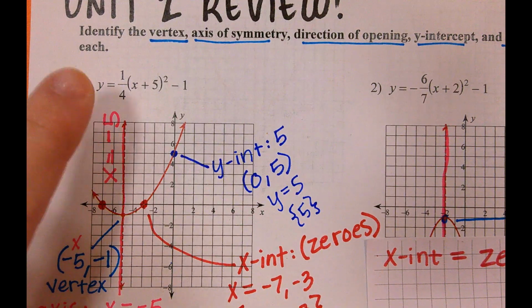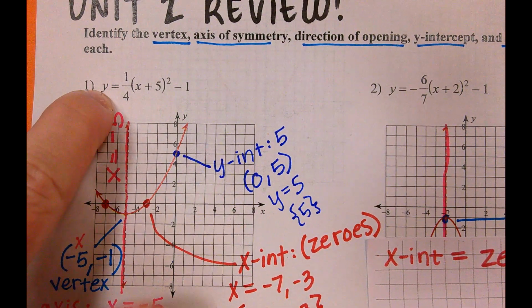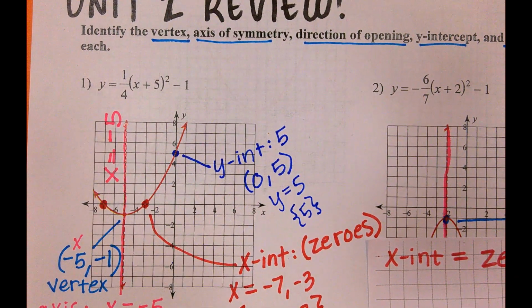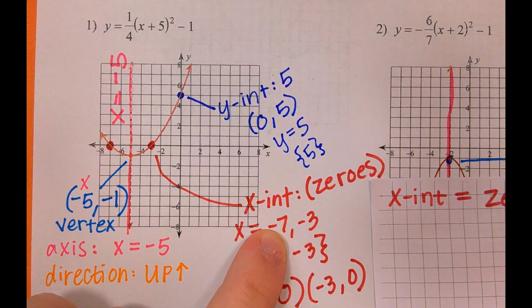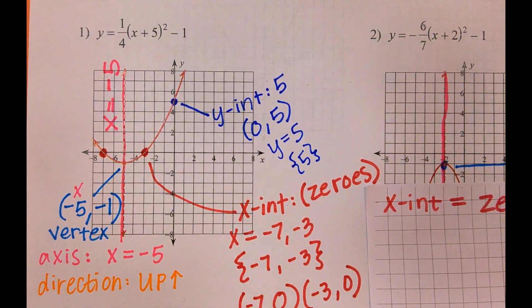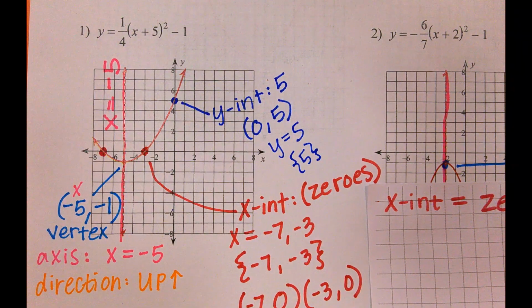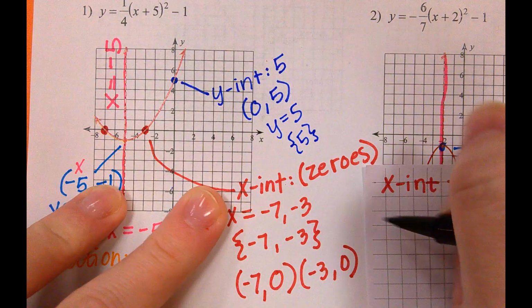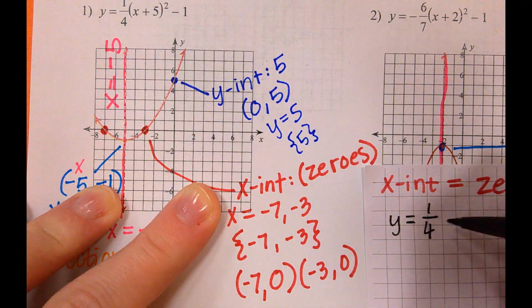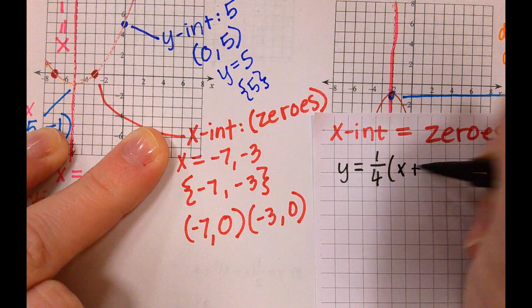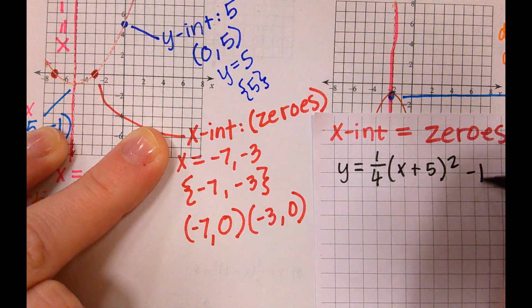Whenever I put 0 for y, when y is 0, x is equal to -7 and -3. So let me prove that to you. I'm going to write this equation and show you. It's y equals 1/4 (x plus 5) squared minus 1.